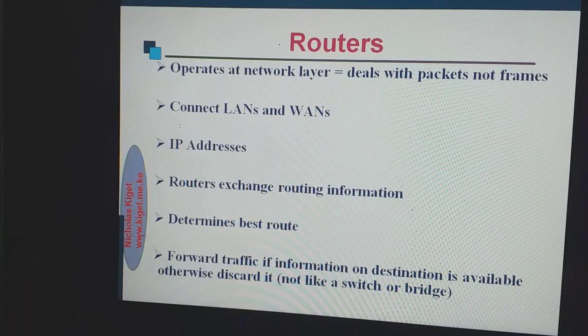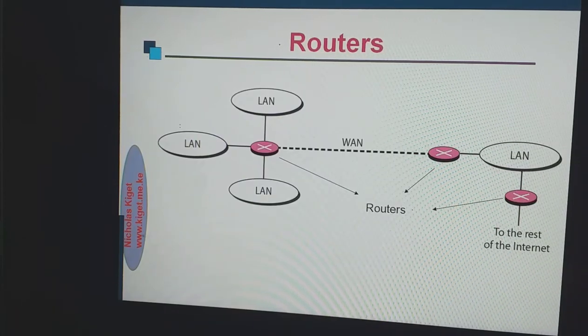Otherwise, if not, the packets are discarded. That's a diagram showing a router that connects one local area network to a wide area network. So you can have several routers, depending on your capacity.